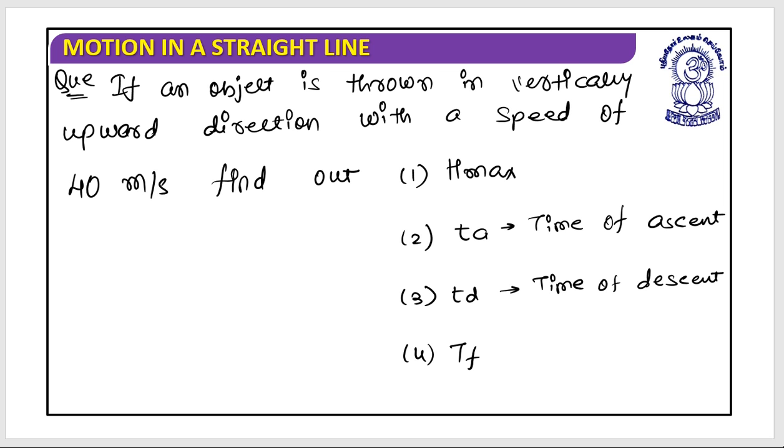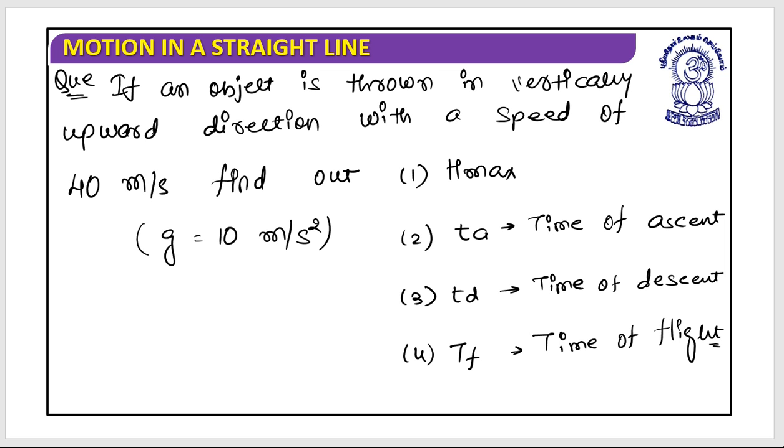Next, time of flight. Yes, you are allowed to take g equals 10 meter per second square. So go for it. Please do this quickly. Very, very easy.